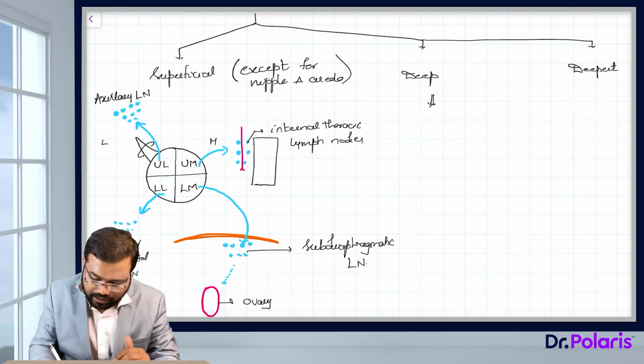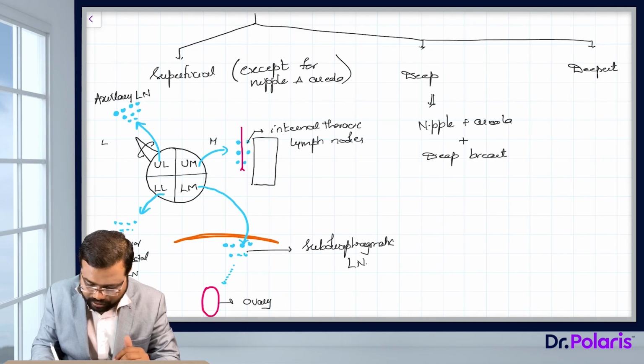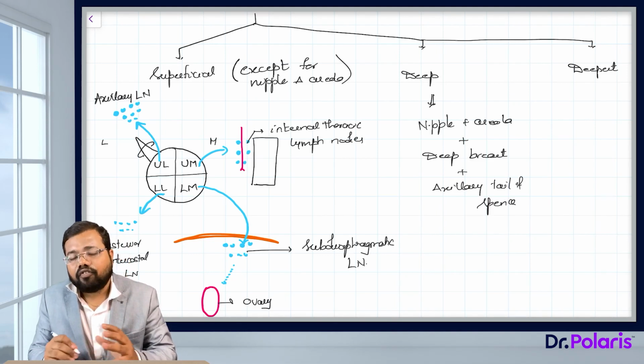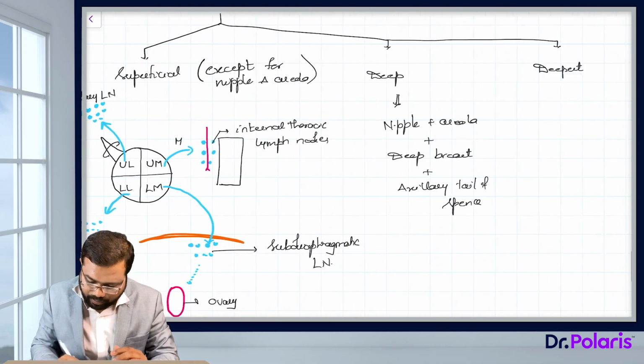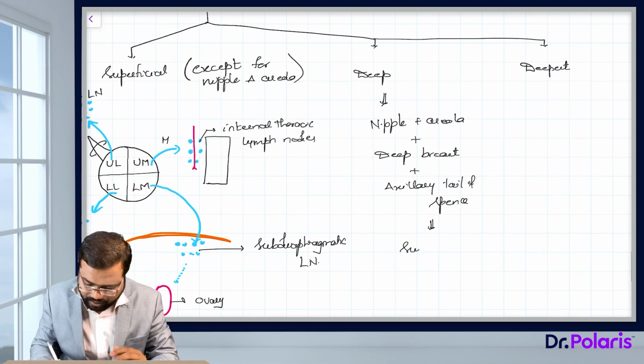So the deep: nipple plus areola plus deep breast along with axillary tail of Spence. From all these, they are forming a plexus. They are called the subareolar plexus of Sappey.